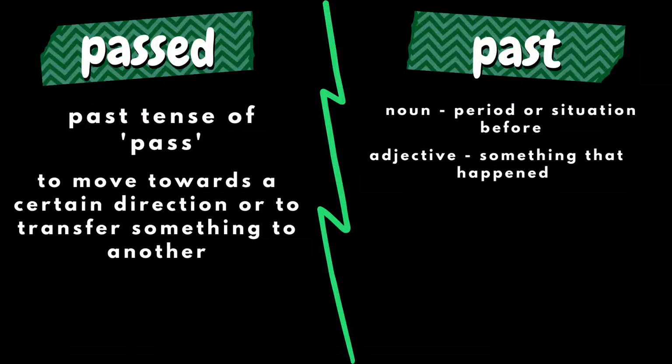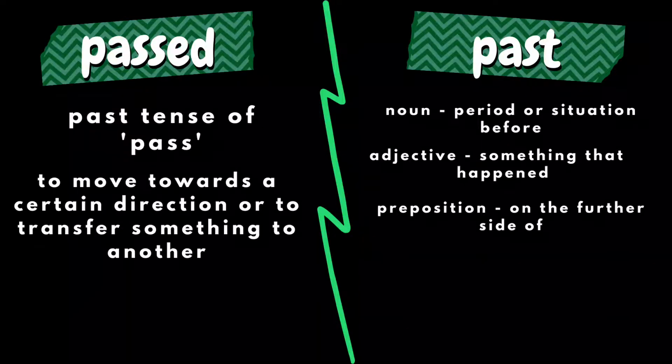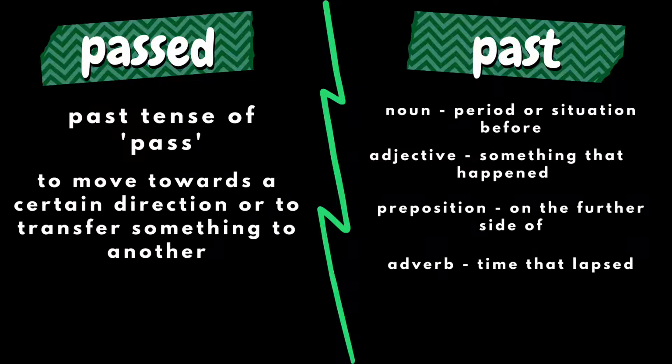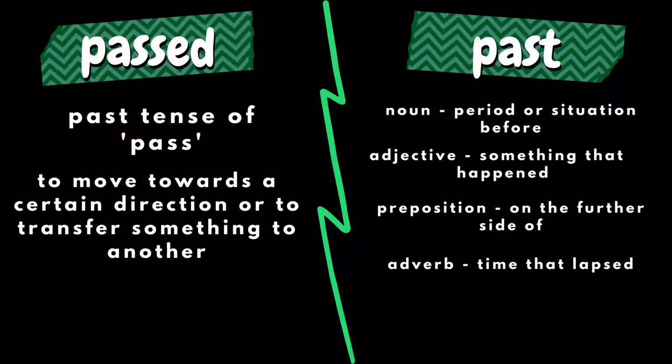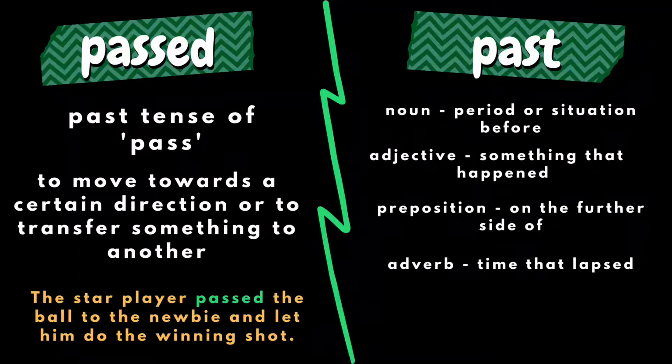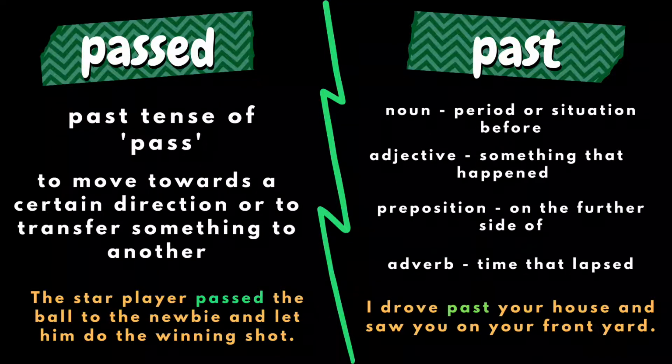It could also be a preposition, which means on the further side of, and an adverb, which refers to time that has already lapsed. Observe these examples. The star player passed the ball to the newbie and let him do the winning shot. I drove past your house and saw you on your front yard.